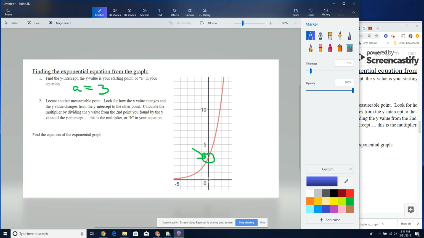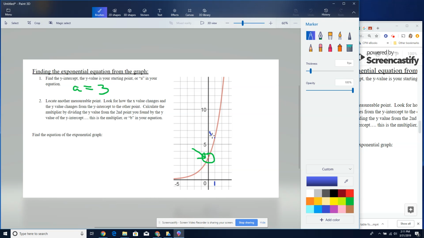So my x is 0 right here. My very next x is 1 right there. So I'm going to slide up the 1 until I touch my curve, and you can see I'm right here. And what I want to know is, does it hit right on the grid, the corner of one of those little boxes? And I happen to do that right there.